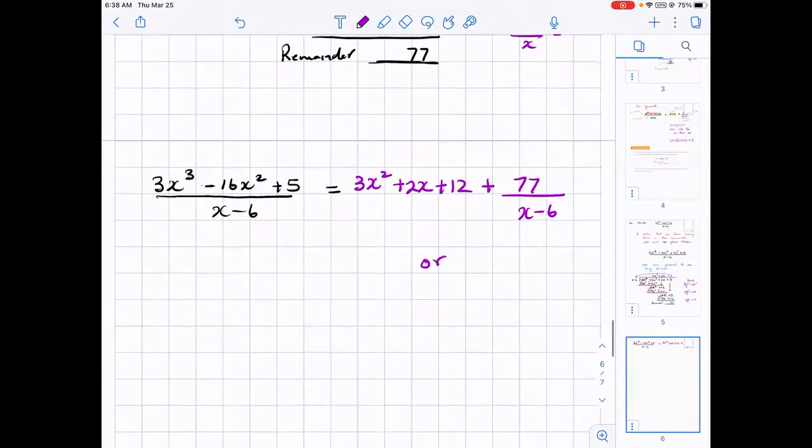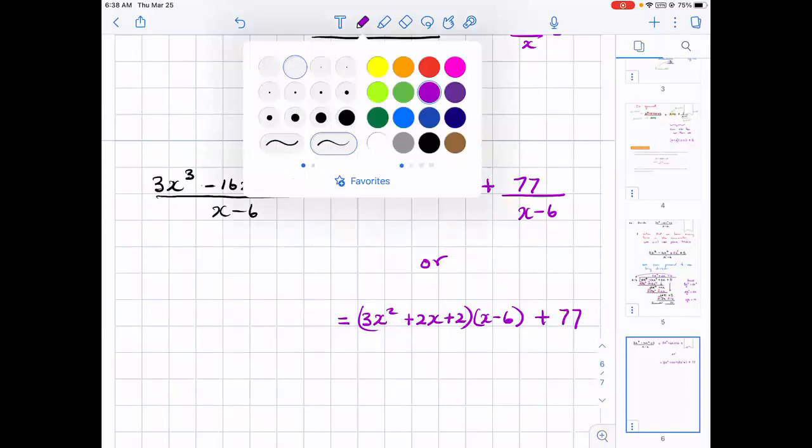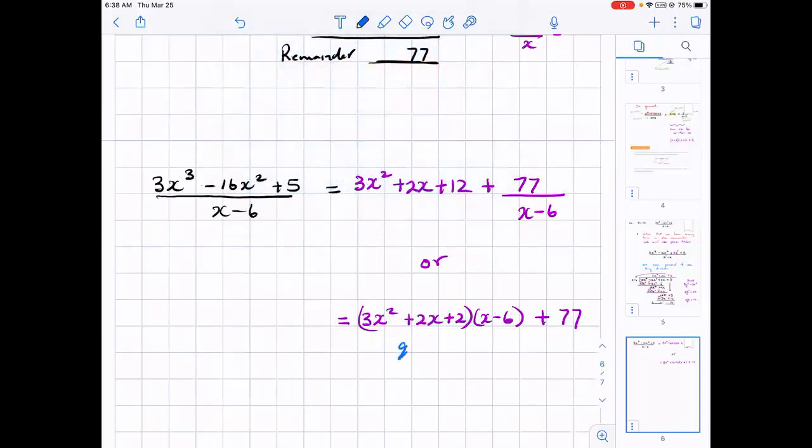Or we can say that this is the same as 3x squared plus 2x plus 12 times x minus 6 plus 77. Okay. Well, remember, this is the quotient, q of x.